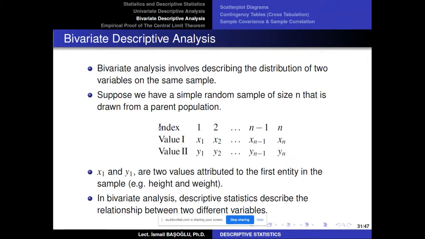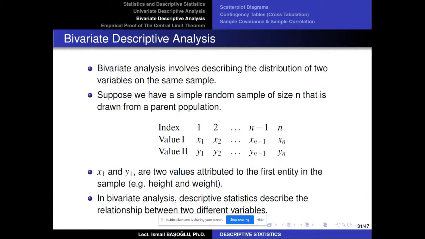For example, the larger the height of a student, the larger the weight of the same student as well. In the other example, if the odometer value is large, then the second-hand price of the automobile is expected to be smaller. So our objective is to discover the relationships between these variables, and then it may be possible to predict the other one based on the observation of the previous one.